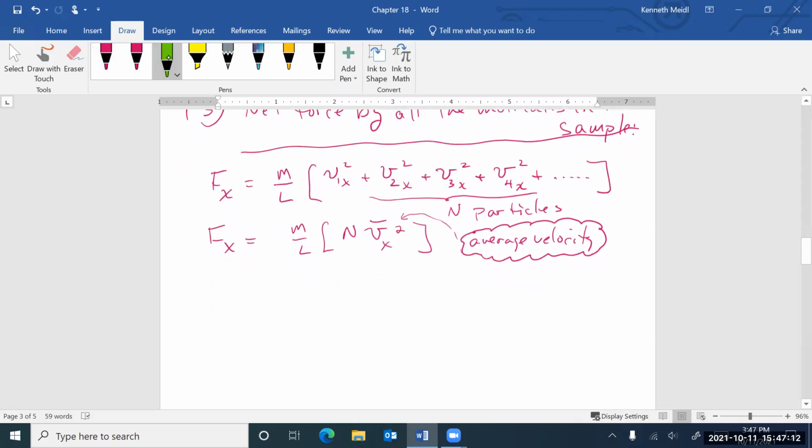And so I'm going to probably have to make another assumption here, because when I look at this, we have to think what exactly is taking place with these velocities. And I'm going to assume that the velocities are just random.